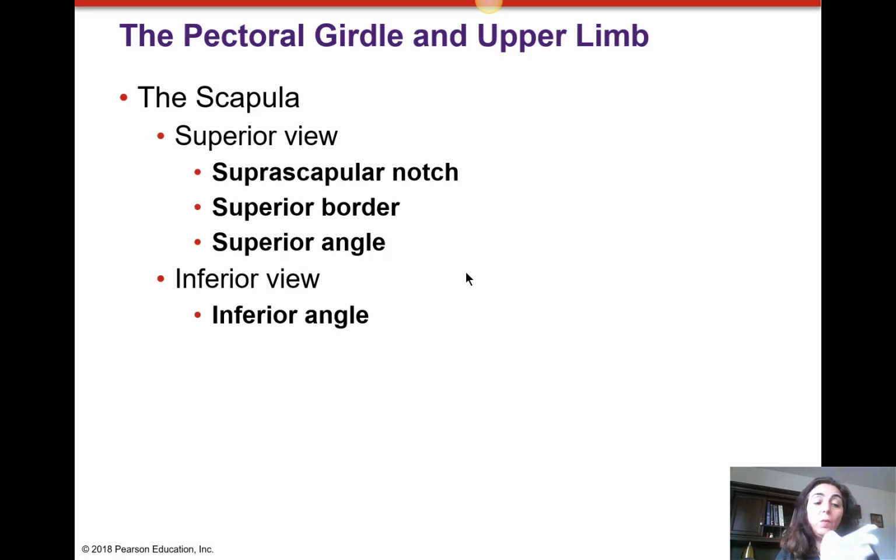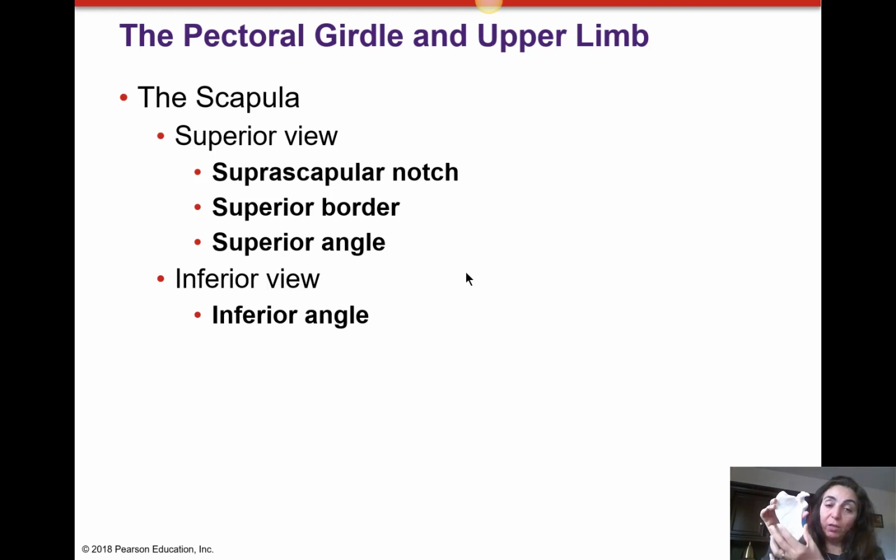Now, besides medial and lateral, now you know that this is lateral. You already know superior and inferior, and anterior and posterior, but first you need to know superior and inferior too. As you have seen, now you know which side is superior.